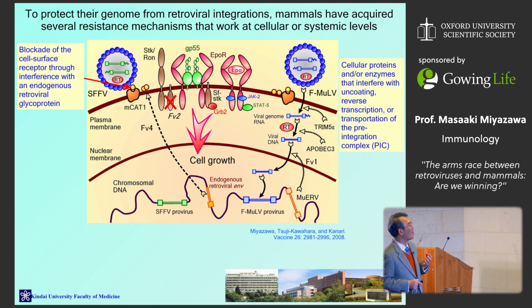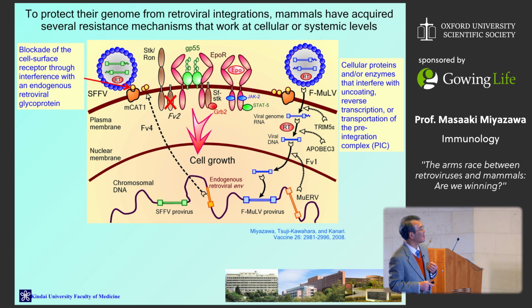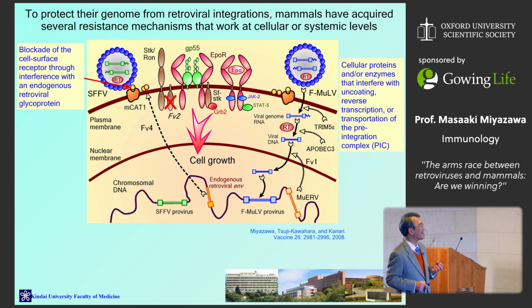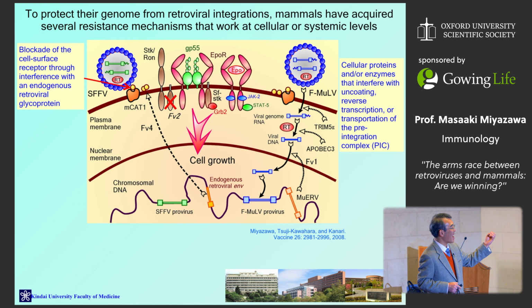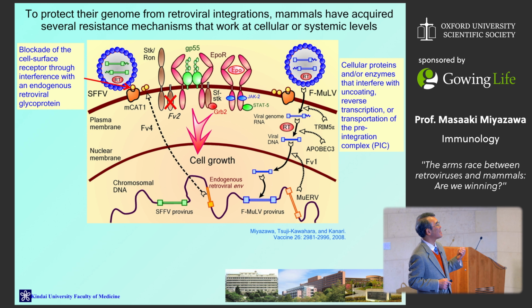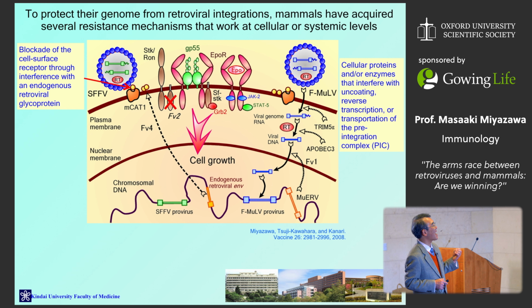One example of a gene that has been acquired to resist retroviral infection is, ironically, an endogenous retrovirus itself. The endogenous retroviral envelope gene produces a protein that is expressed on the surface of infected cells. Since this is an envelope gene product, it interacts with the cellular receptor for the incoming retrovirus.